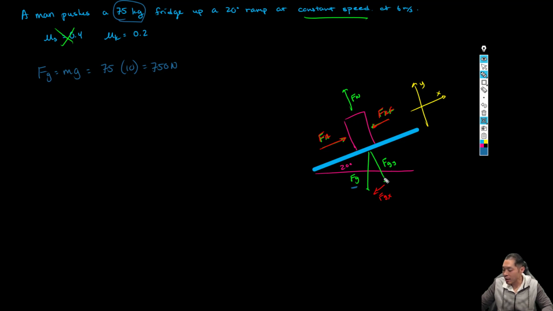I want to figure out now, if I have F of g, I can figure out both of these. This angle right here is the same as this angle right there, so I can figure out F g y and F g x. These are the formulas that you are given. So F g at x, let me change the color.